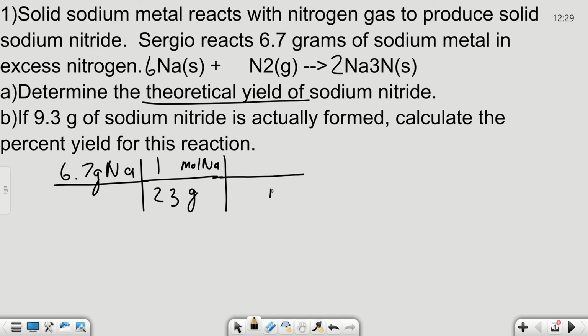And then I use the mole ratio. I'm going from moles of Na to moles of Na3N. The coefficients are 2 in front of Na3N and 6 in front of Na. At this point, if I stop the calculation, I would be able to calculate the moles of Na3N that I should produce.